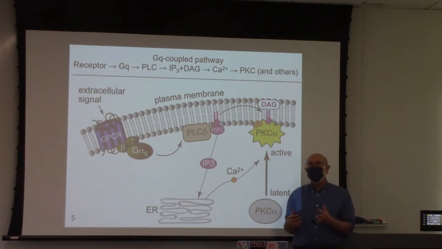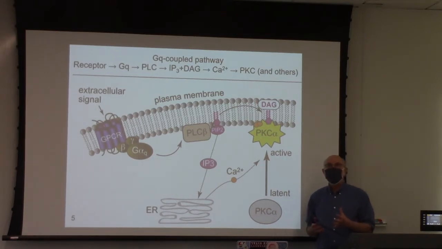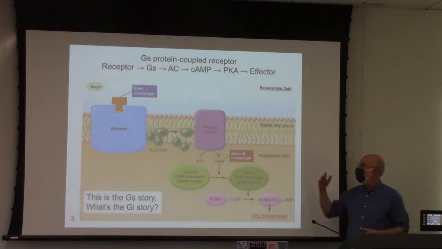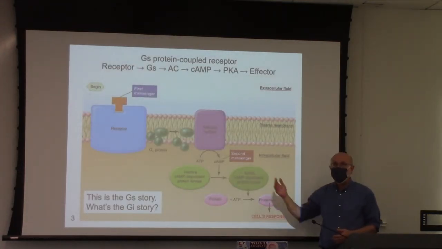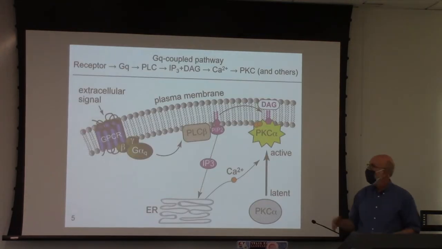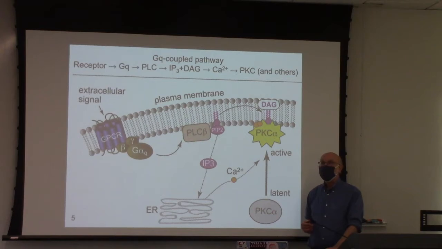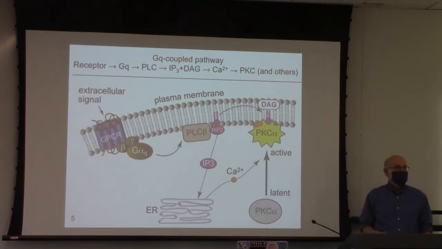I actually made the question much too easy because I said there are at least 2 ways, but I could make it harder by saying there are at least 4 ways. Mapping your knowledge of the things that turn off GS onto the things that turn off the GQ story. Okay, that's part of your problem set. And you can work on that problem together.